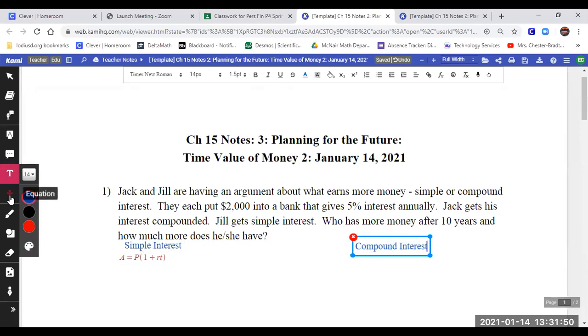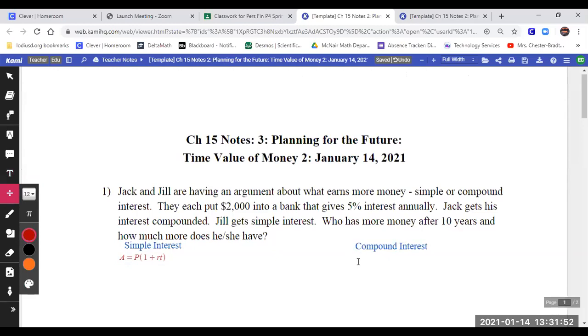Okay, compound interest equation. The accumulated amount equals the principal times 1 plus the rate divided by the number of periods in a year, all to the power of time.